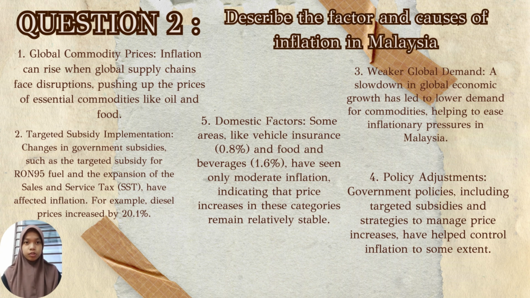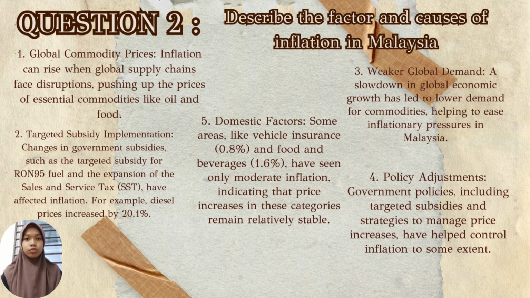Number 2, government policies on subsidies and tax. Another significant factor influencing inflation in Malaysia is government policies related to subsidies and taxation. Over the years, Malaysia has gradually moved toward a targeted subsidy system, particularly on essential items like food.